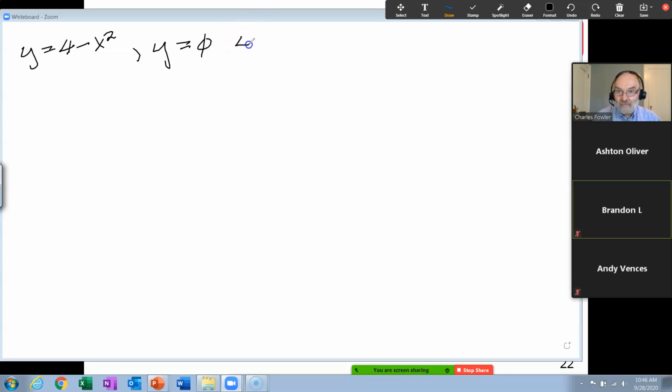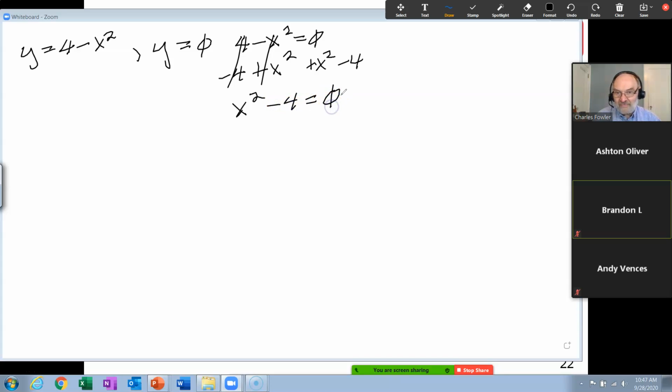Set 4 minus x squared equal to 0. Add x squared to both sides. I don't like to deal with the minuses. And we'll subtract 4 from both sides too, so this side becomes 0, and I'm going to switch sides and make this x squared minus 4 equal to 0.